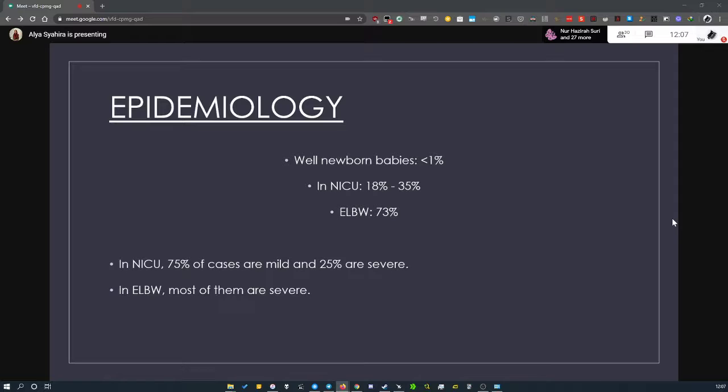Among NICU patients, 75% have mild thrombocytopenia and only 25% have severe. Meanwhile, in extremely low birth weight infants, most have severe thrombocytopenia.